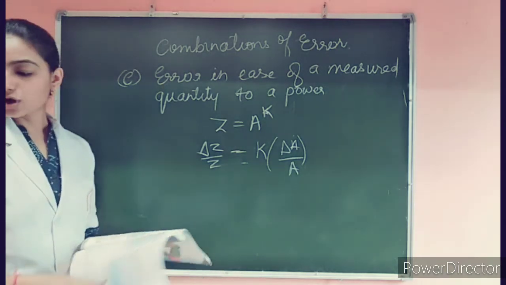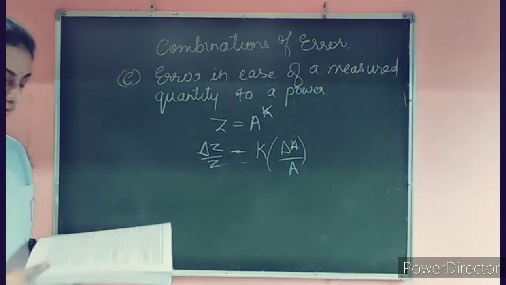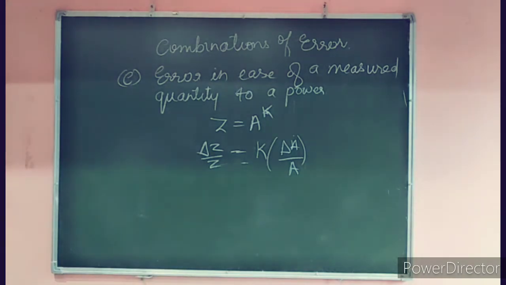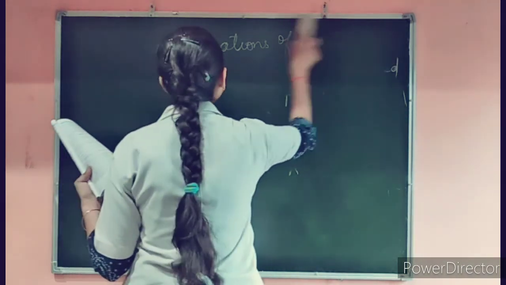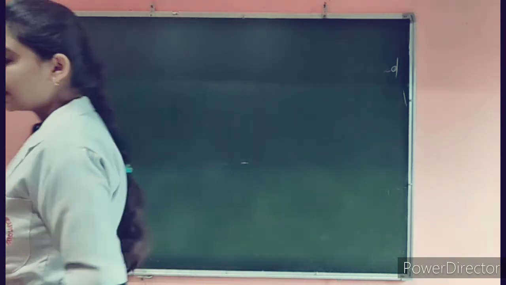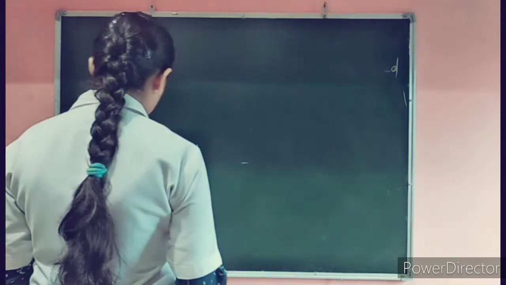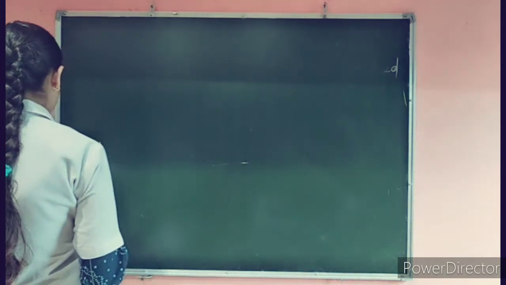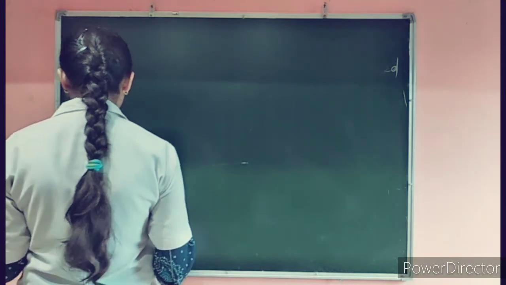Now our next topic is rounding off. What is rounding off? Rounding off of the uncertain digits. The result of computation with approximate numbers which contain more than one uncertain digit should be rounded off.